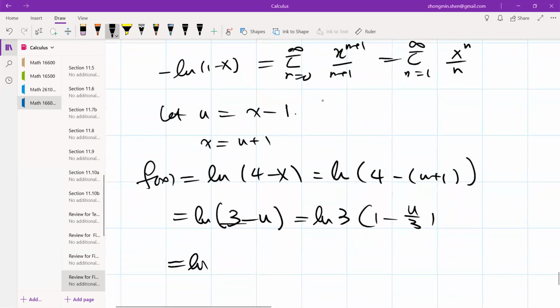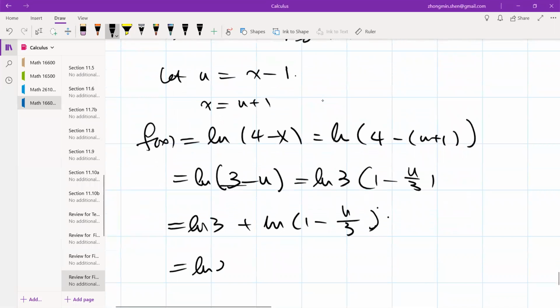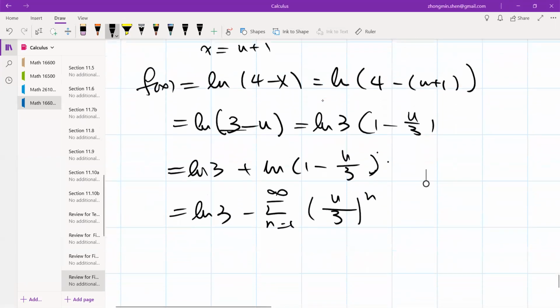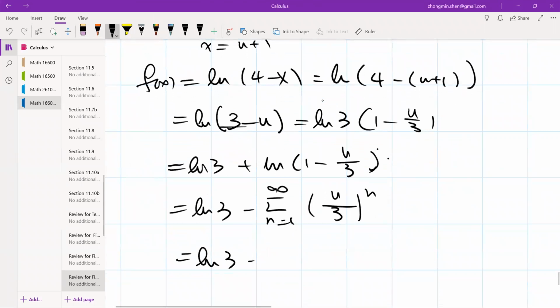So I have it separate, it's a constant. Then negative sign to the power n. Done. All right, so that's it.